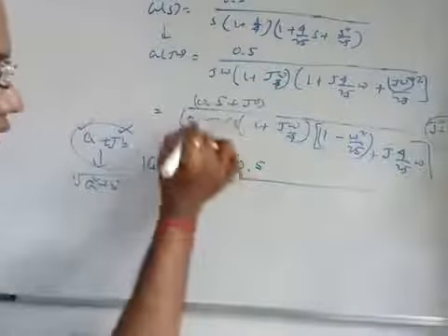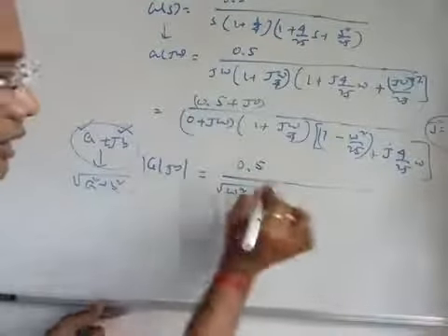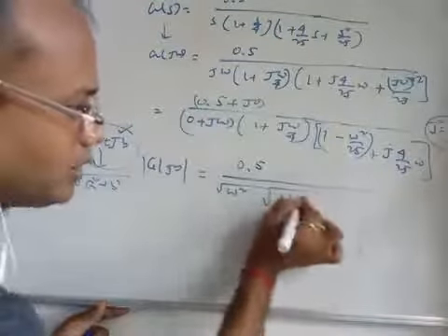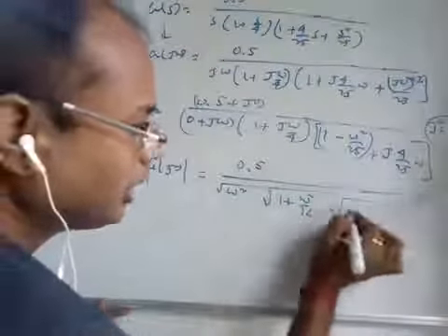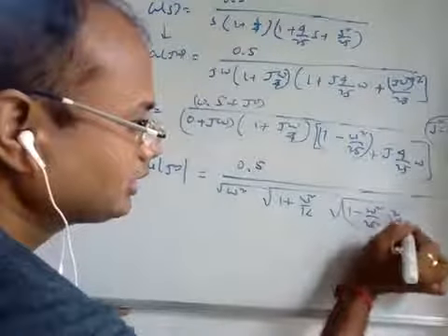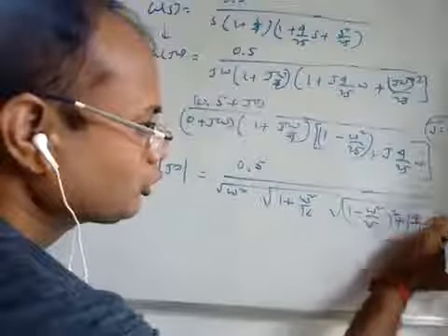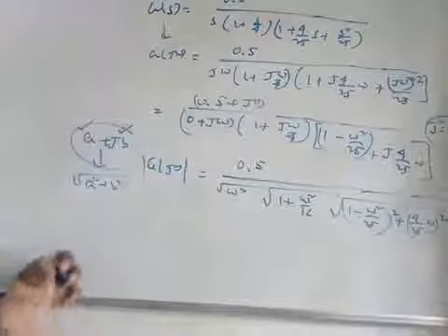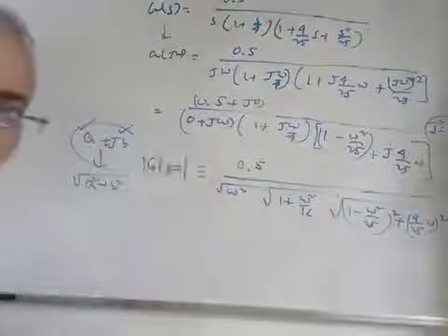Next, this is 0 square plus omega square, so omega square, right? Root over 1 plus omega square by 16, root over 1 minus omega square by 25 squared plus 4 by 25 omega square.